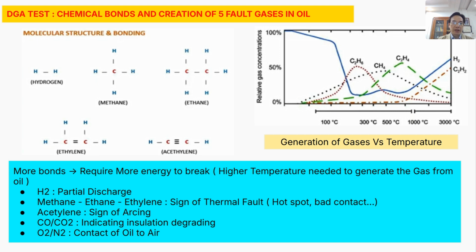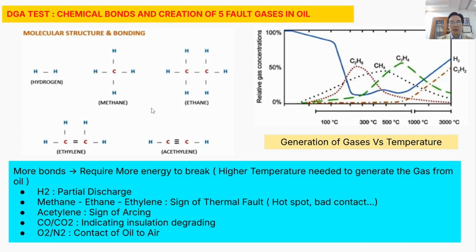Stronger bonding means we need higher energy to generate the gas from oil. Higher energy means we need higher temperature to generate the gas from the oil.